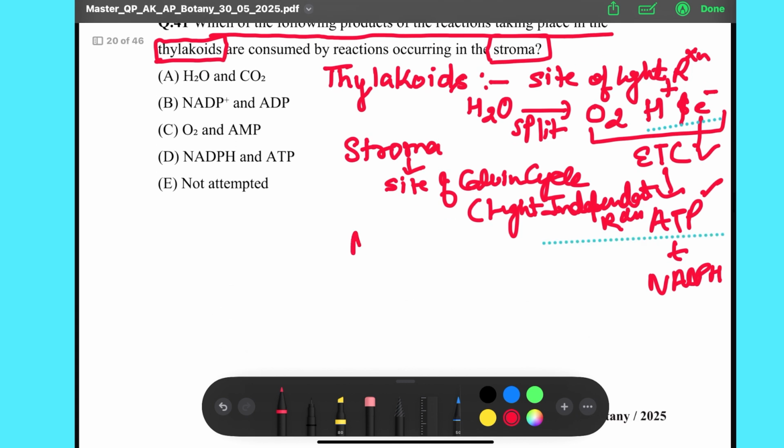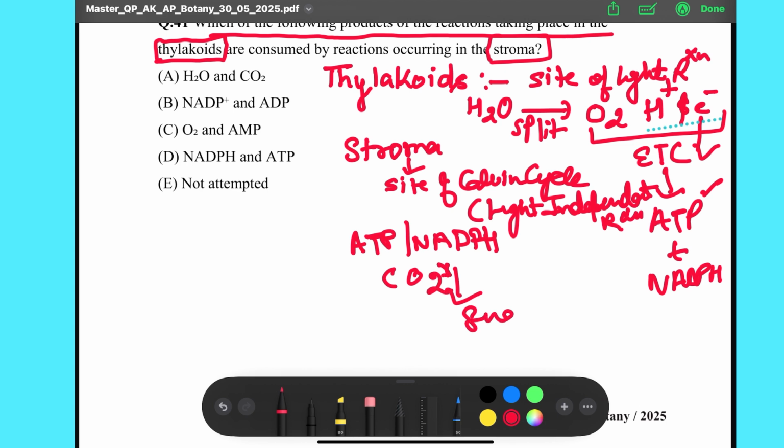It uses ATP and NADPH from the light reaction to fix CO2 into sugar. So it requires ATP, NADPH and CO2.